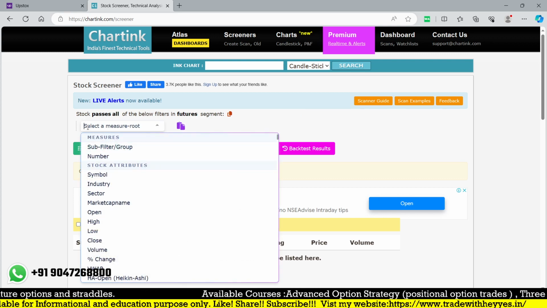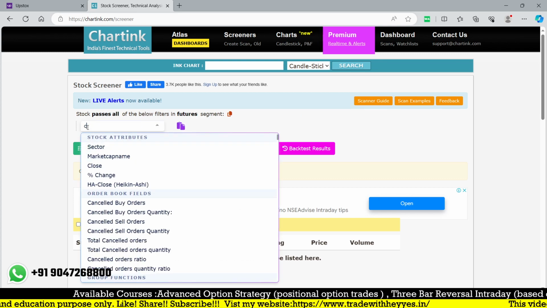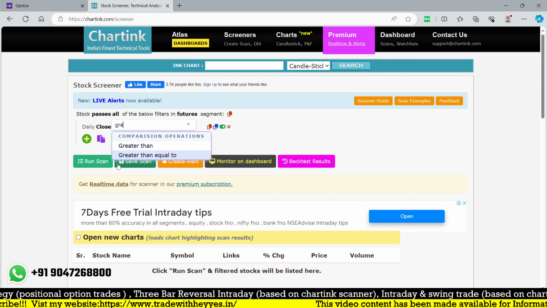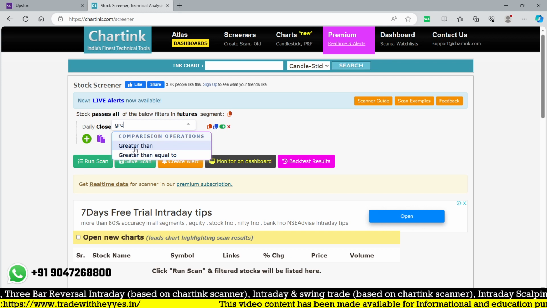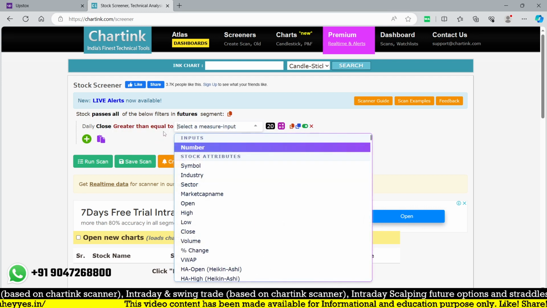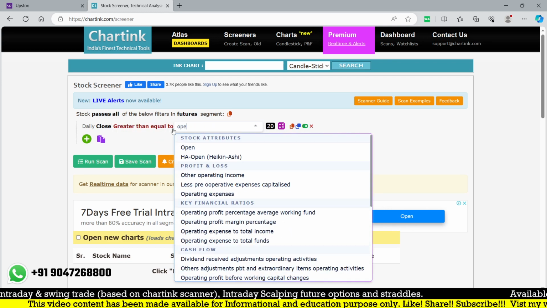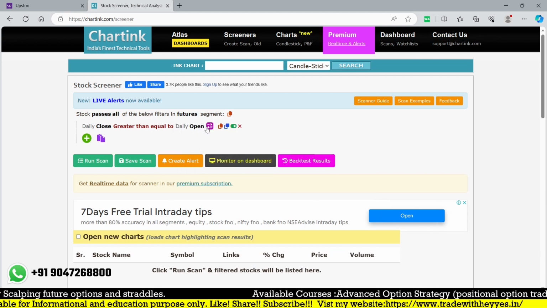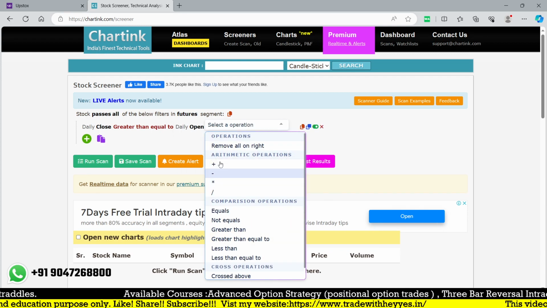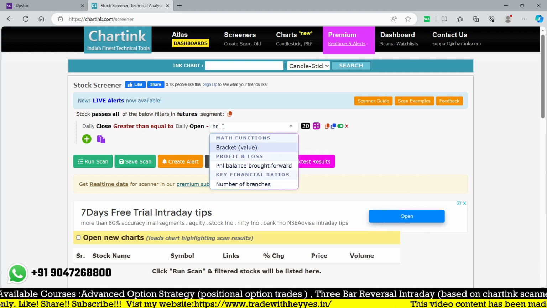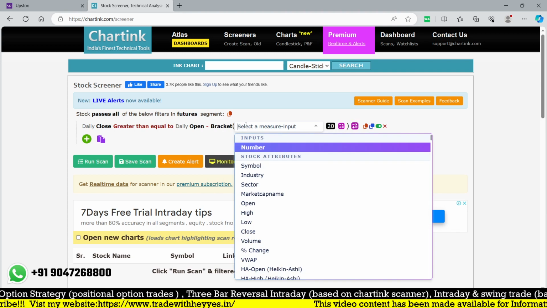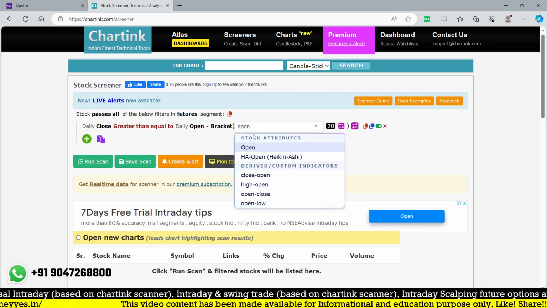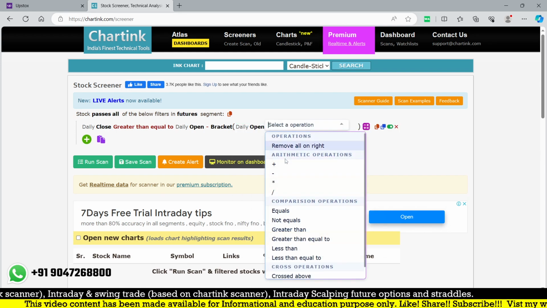For beginners, and for those who already know, I will show how to create it. Daily close must be greater than one or a few lines which I used for the customized one. So we can use this to find a doji kind of thing. We can use daily open minus some bracket value, open multiplied by a number.